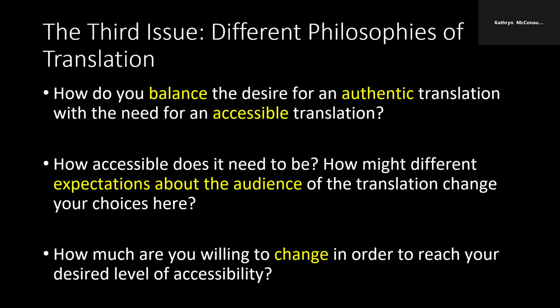You're probably not going to be able to maintain as much authenticity as if you're intending your translation to be for adults. Also, if you're intending your translation to be for other scholars of the Hebrew Bible, you can probably afford to push for a much higher level of authenticity, and you'll figure that these people are scholars of the Bible, they'll be able to figure it out, even if it's less accessible. So depending what audience you're going for, there may be a difference.